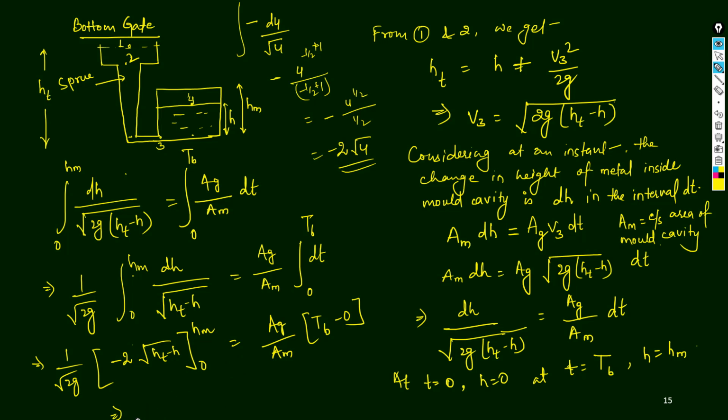We have got the formula here, we are going to get the TB formula. So TB is equal to, this will go to this side, so we will get Am by Ag, 1 by root under 2g, into minus 2, so we have to take out 2, into, first we put 0, so root under ht minus root under ht minus hm.